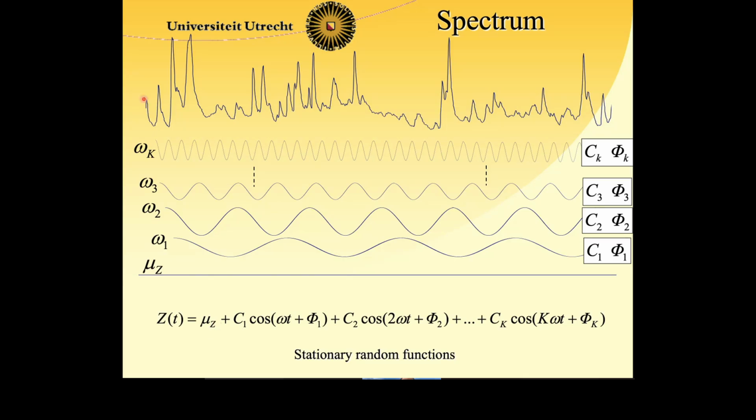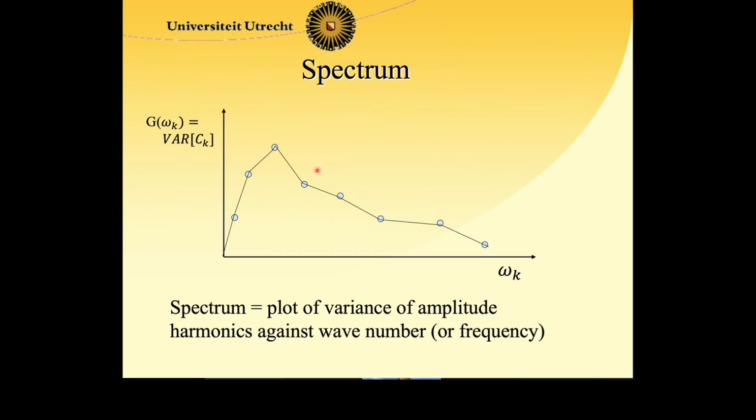Now, if we decompose a stationary random function in its correct random harmonic functions, and this is done such that we reproduce exactly the mean and the covariance function and the variance of this specific stationary random function, then we can plot the variance of each of those. So this is a plot where we plot the wave number, which is the frequency.